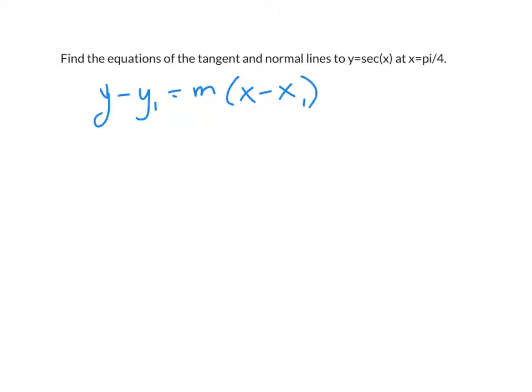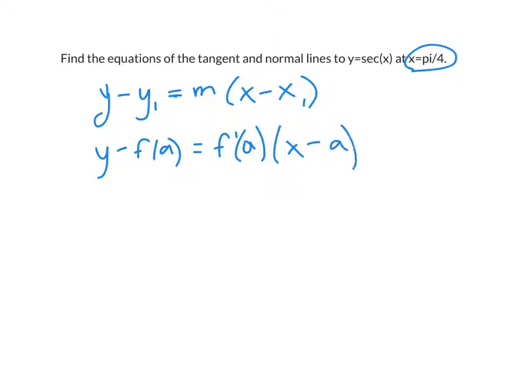Now there are some variations to this, and we did a calculus version of this, where my y1 is really my f of a, because it's at some particular x value, so let's call that x equals a. And then m is really my derivative, my f prime, at some point, times x minus a.